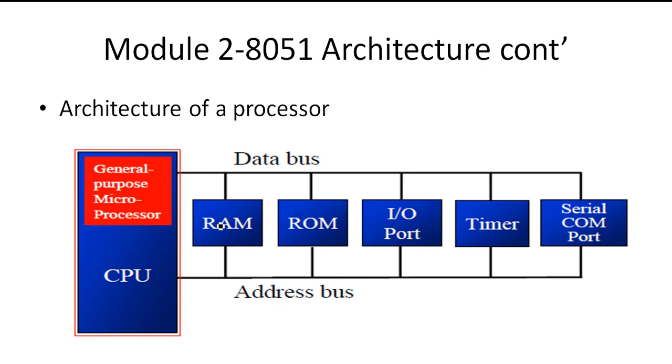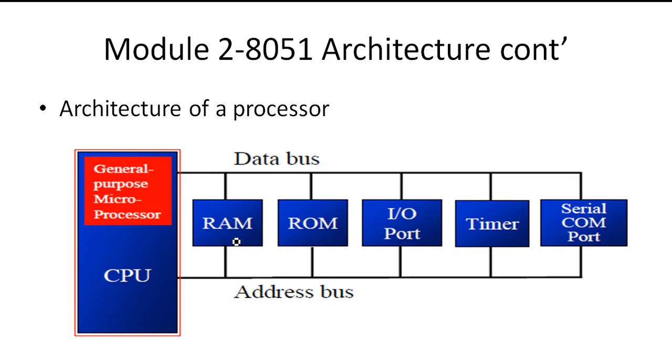The extra components are RAM, random access memory, and ROM, read only memory. Then we need to support it with an IO port, a timer, and a serial COM port, etc. The IO port can be used to configure keyboard, mouse, monitor, etc.